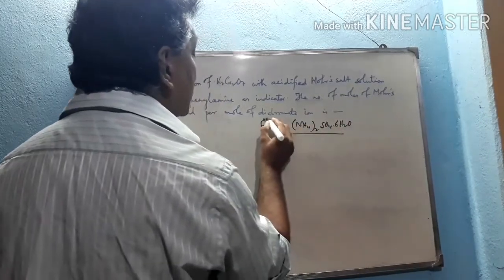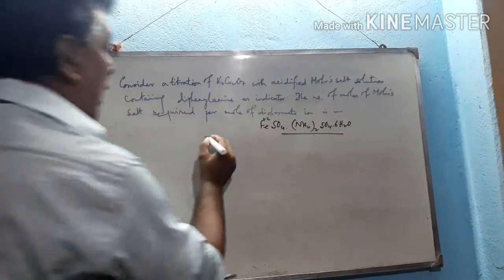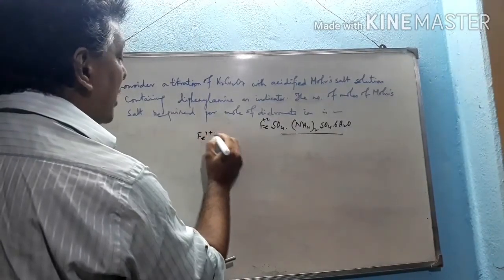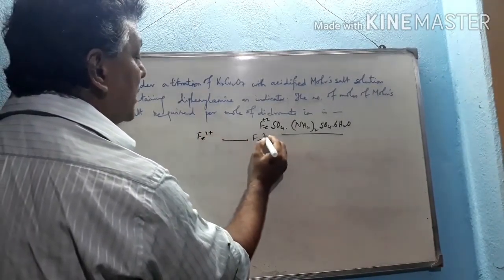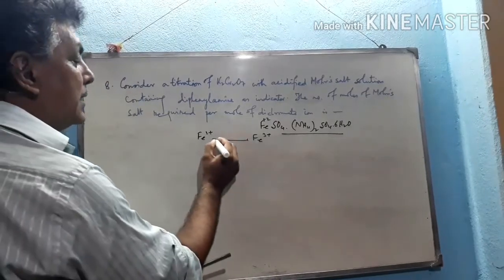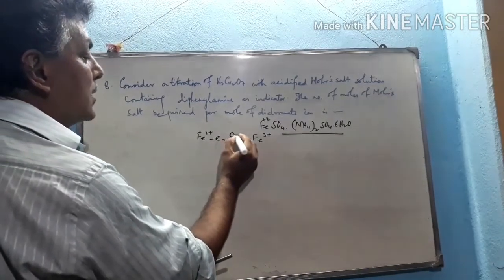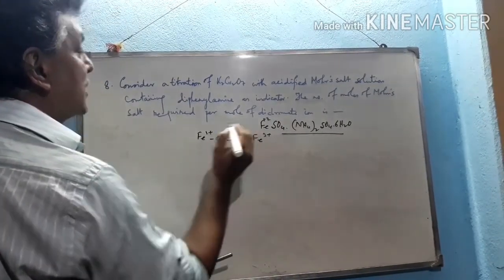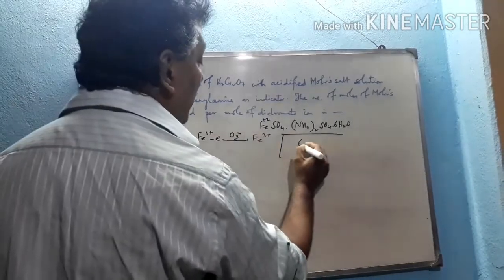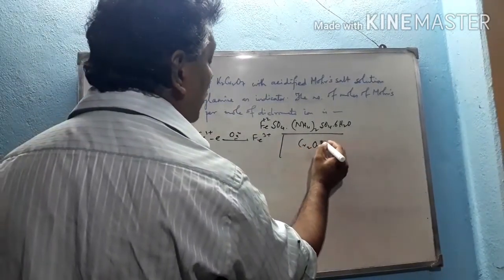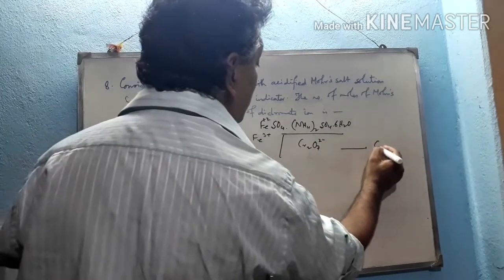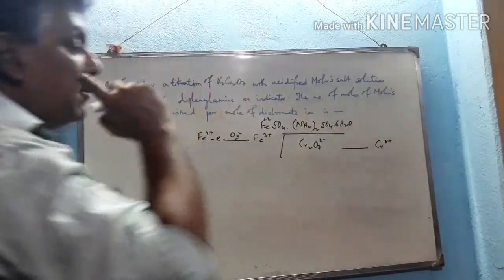So here Fe is in +2 state. Fe is in +2 state, it converts to Fe+3 in presence of dichromate because it is an oxidizing agent. So it releases one electron. This is the oxidation. Oxidation takes place. And dichromate anion, on the other hand, Cr2O7 2- converts to Cr3+, 2 Cr3+.